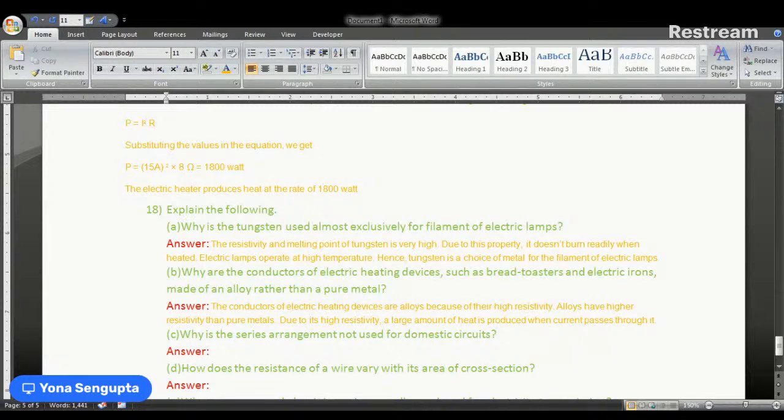Second, all of the connected appliances cannot be operated independently if one device is defective. And the third one is that the total resistance becomes large, and as a result the current is reduced.